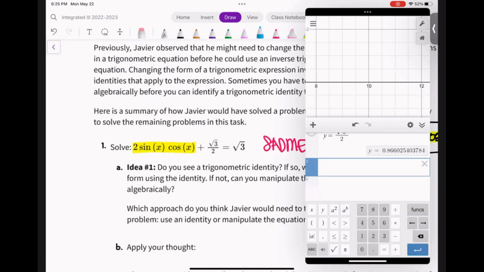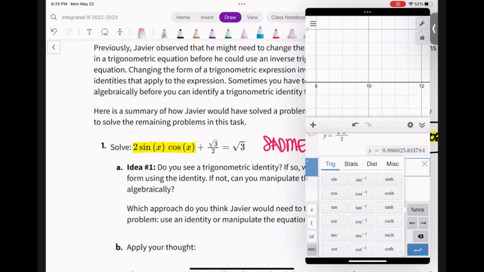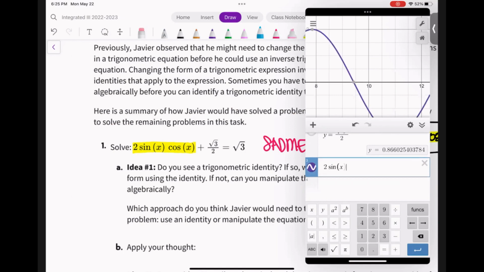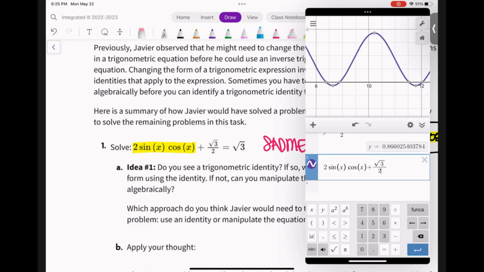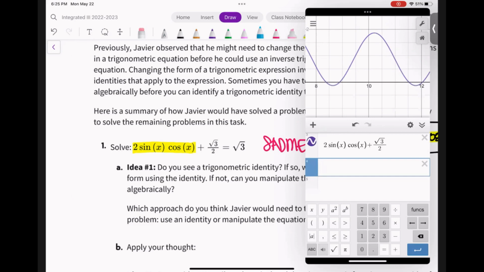same exact answer. So 2 sine x cosine x, and then plus square root of 3 over 2. And I want to set that equal to y equals 2 square root of 3.